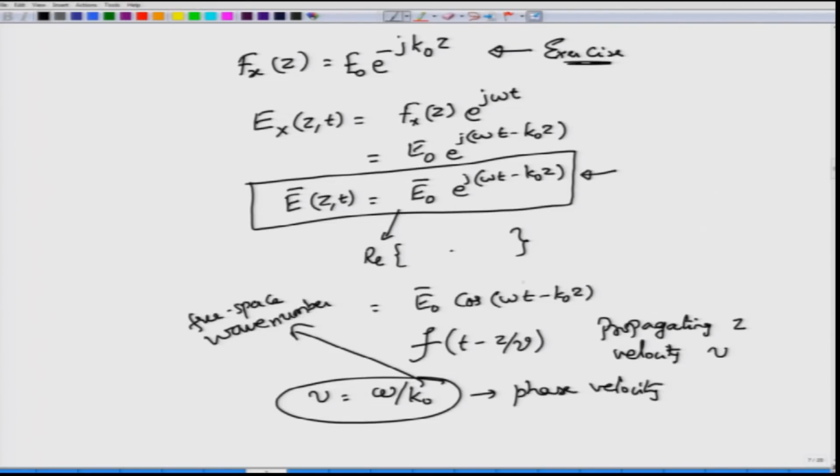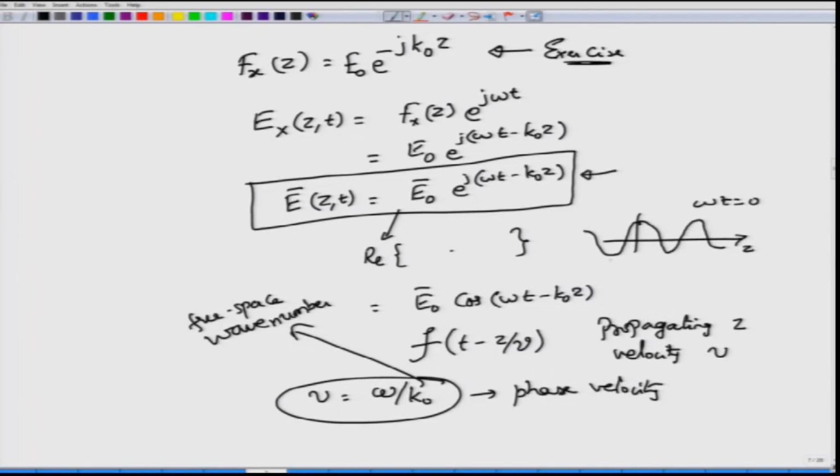Because this is a cosine wave, if you hold time constant, say omega t equal to 0, and plot this expression as a function of z, since it is a cosine k0 z and an even function, it follows a cosine wave.